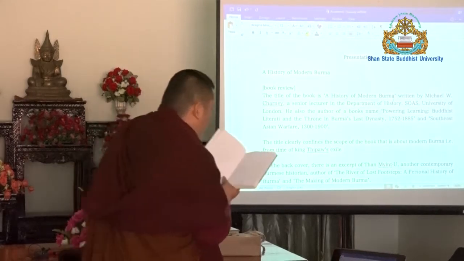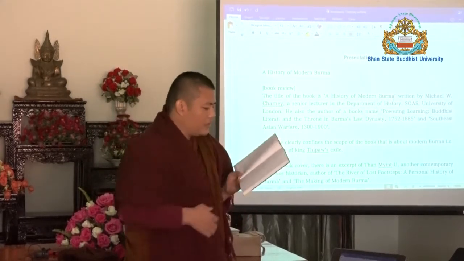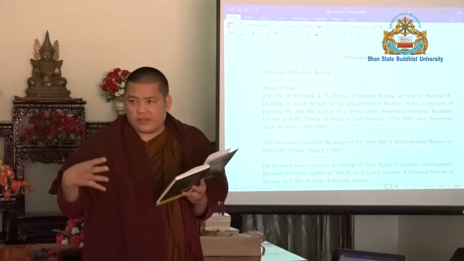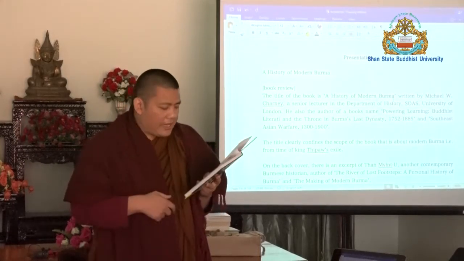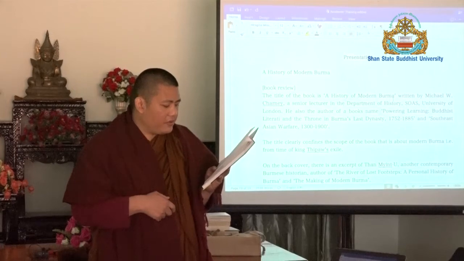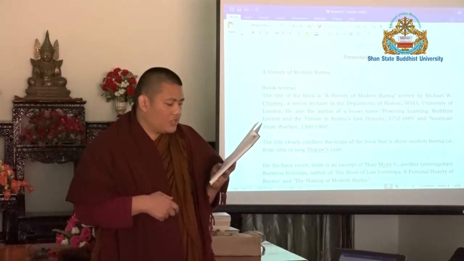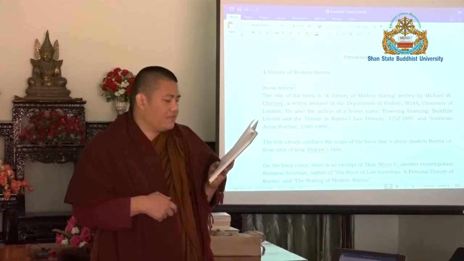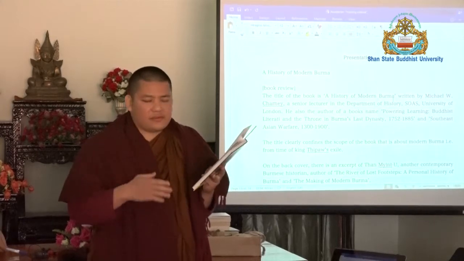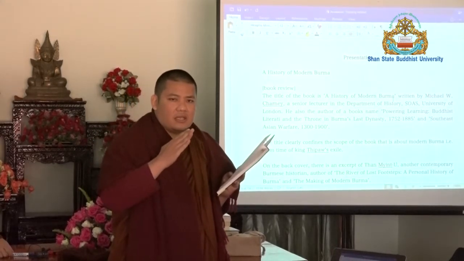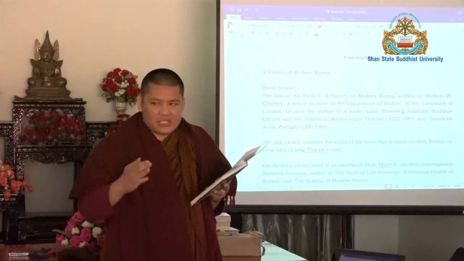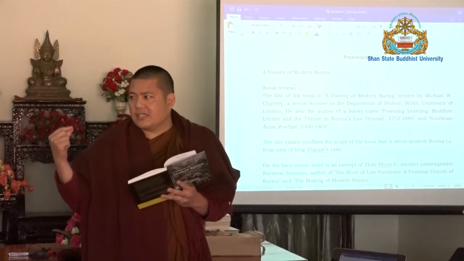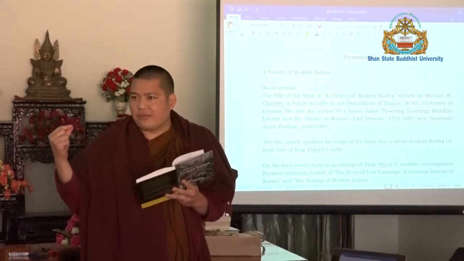I can say that the first 3 chapters are during the colonial time, and from chapter 4 to chapter 7 is from when Burma got independence from the British to the 1988 uprising.